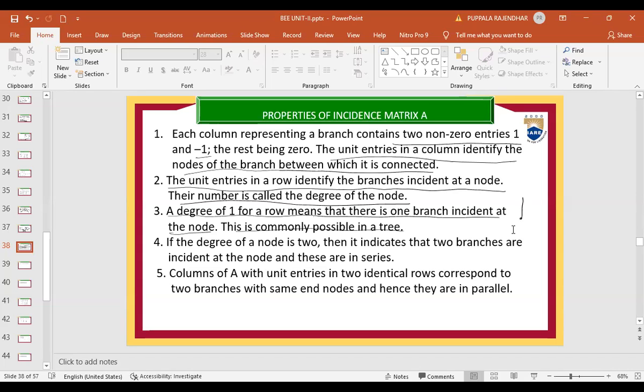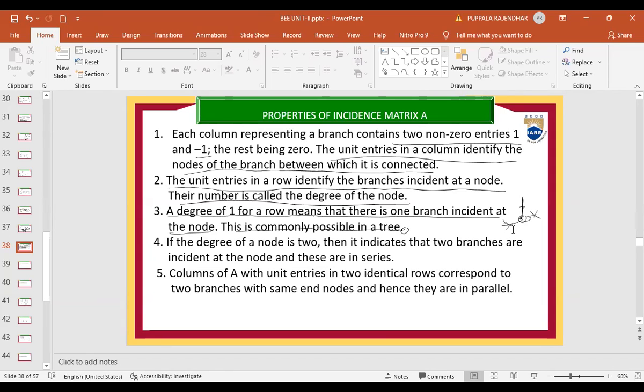What is the degree of this node? So this node is connected to only one element. It's not connected to other elements. So then we are calling it as the degree 1, if there is only one branch incident at that node.